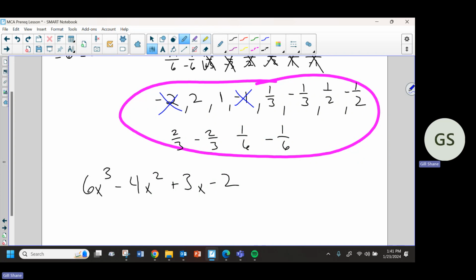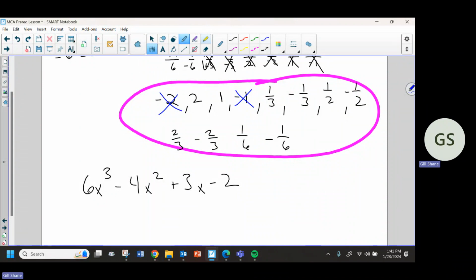Anyway, a positive number. I don't know that a positive is possible either. Not until we get to fractions. Fractions are going to be the one that might work because a positive number here gives me +1, +6. Subtract 4 is 2. +3.